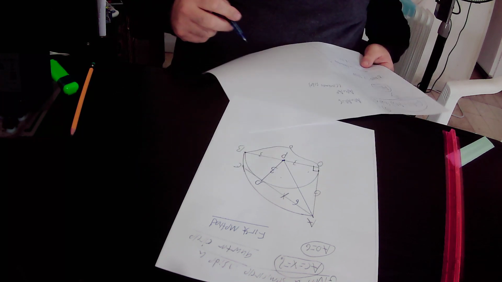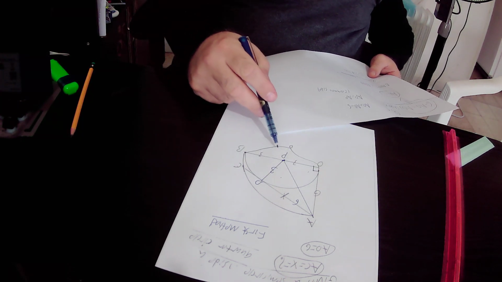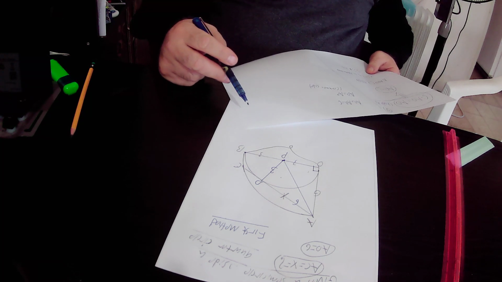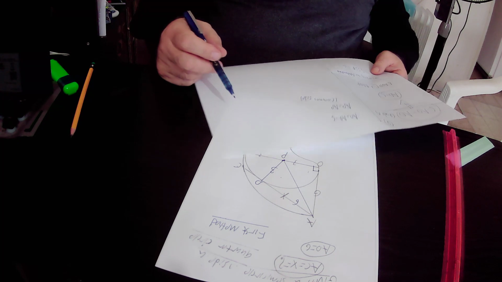And finally, OP equals PD equals 3 units, both are radii of the semicircle.